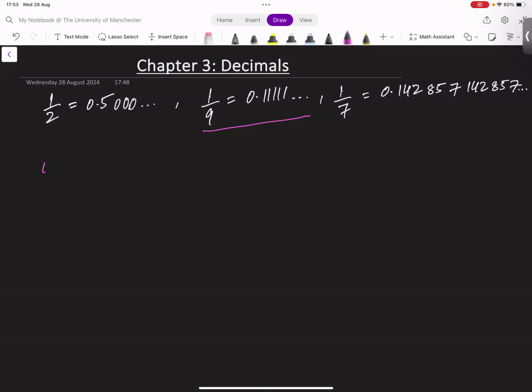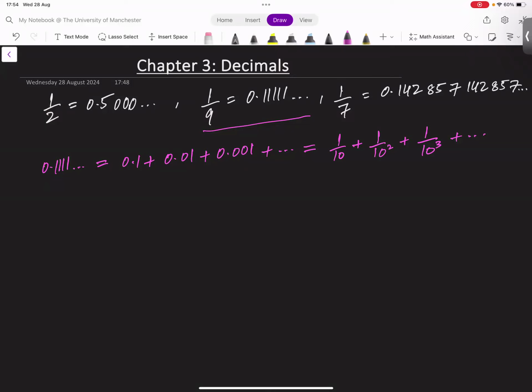Which series? 0.111... means 0.1 plus 0.01 plus 0.001 plus and so on, which is nothing but 1/10 plus 1/100, or you can write 1/10 squared, plus 1/10 cubed, like this.